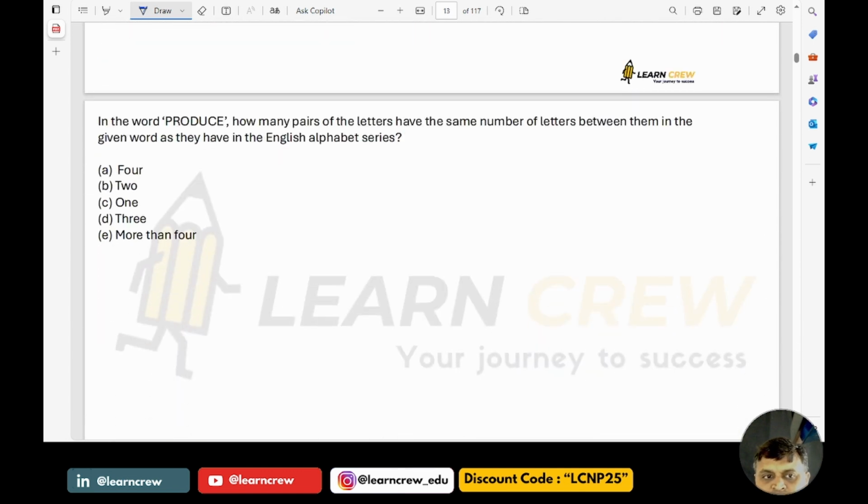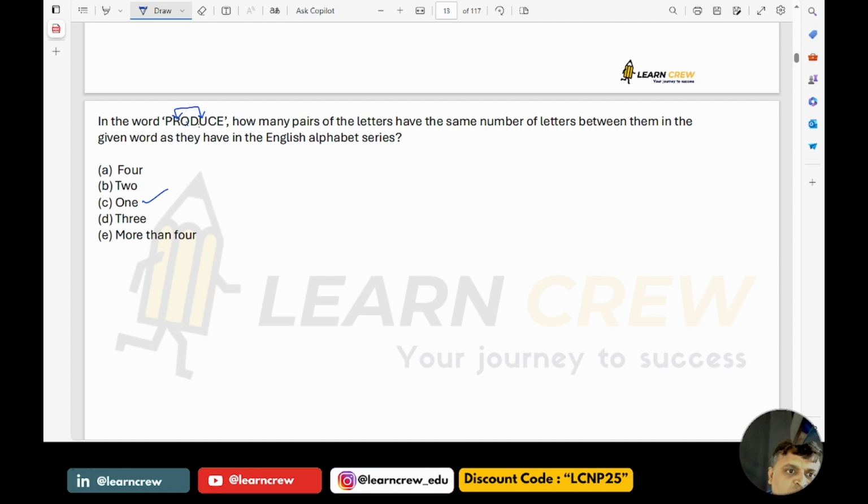Next, in the word PRODUCE, how many pairs of letters have the same number of letters between them in the given word as they have in the English alphabet? So if you see here, D and C, no. C and E, no. R, S, T, U, only one here, that is R and U. S, T, two letters, here also we have two.